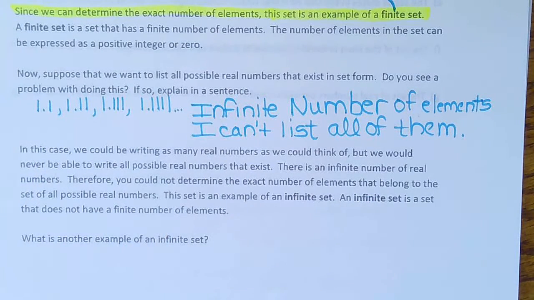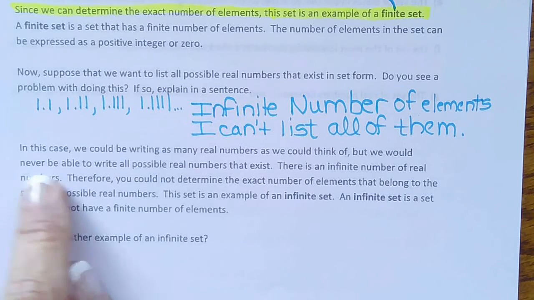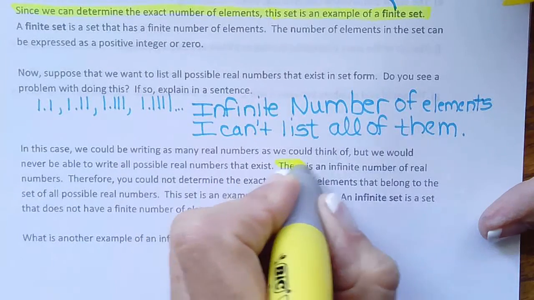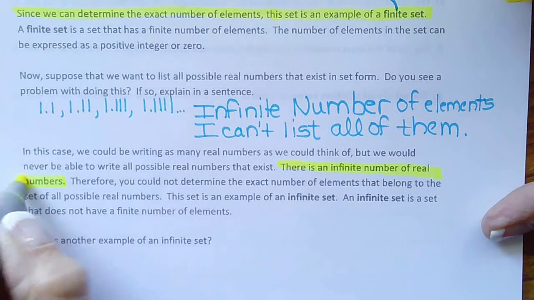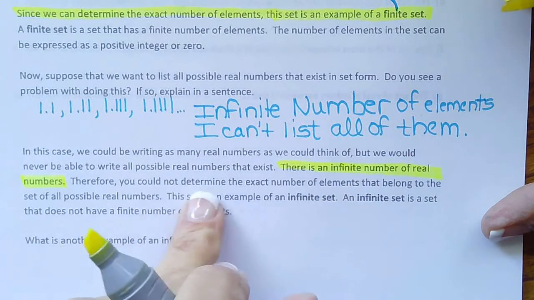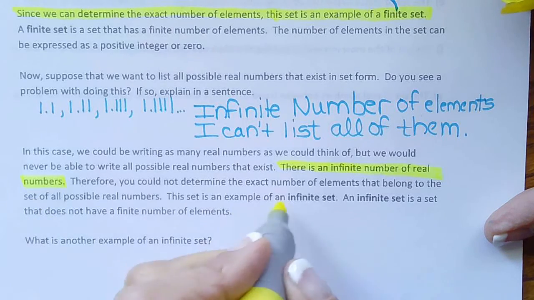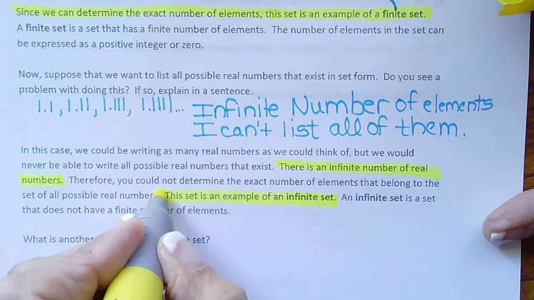I could never list all of them. In this case, we would be writing as many real numbers as we could think, but we would never be able to write all of them. There's an infinite number of real numbers. Therefore, you cannot determine the exact number of elements in that list because it's an infinite set.